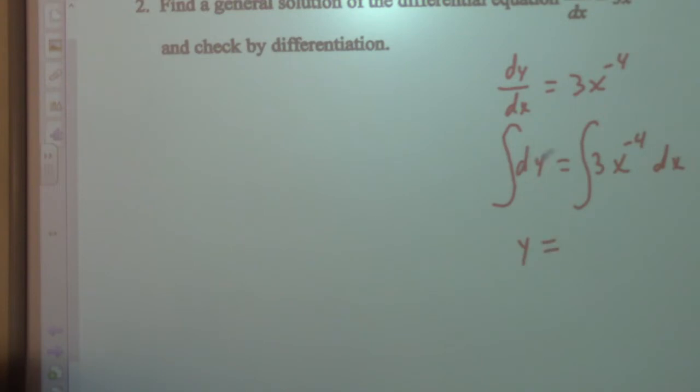So the antiderivative of that is y. And the right side is going to be 3 times the integral of x to the negative 4th power dx.